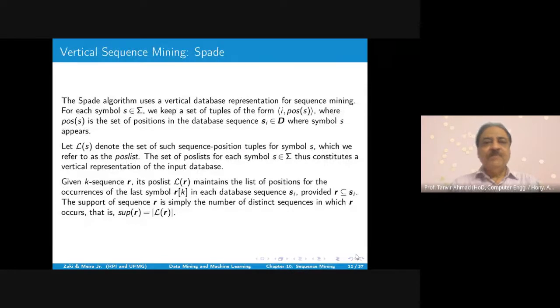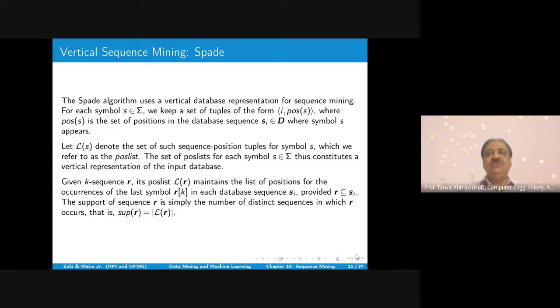Now let L of S denote the set of such sequence-position tuples for symbol S, which is called the position list. For each and every symbol, we keep maintaining the list of positions at which that symbol occurs.